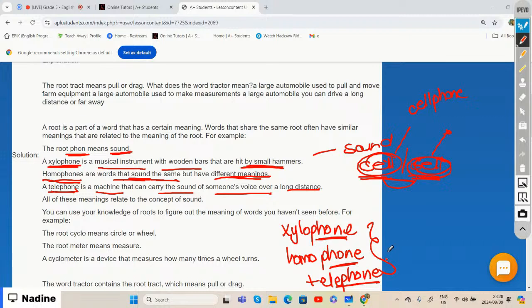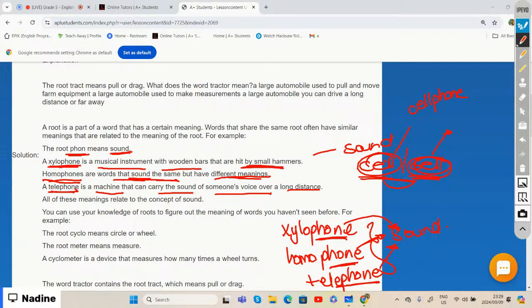And the word phone or phon means sound. Xylophone is a musical instrument that makes sound. Homophone is a word that sounds the same. And telephone is a little machine that carries sound from someone's voice to the other over a long distance. That is sound. That is the root word.